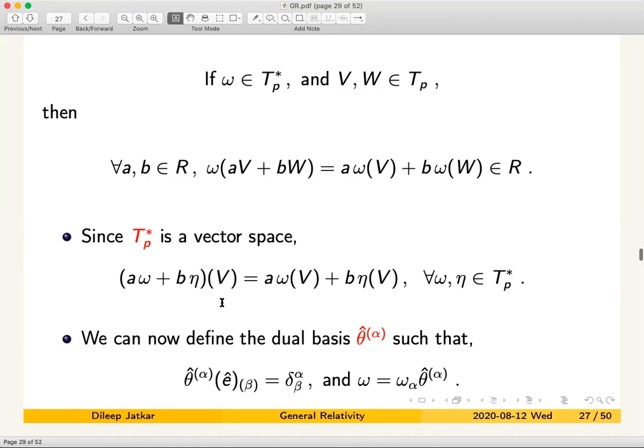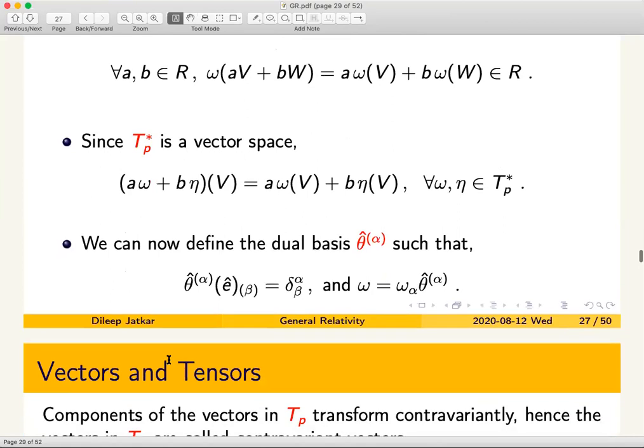So we have a new basis defined for T star P, which is theta hat, with the property that theta hat acting on E hat gives you a number. If you choose a correct basis, then you can diagonalize this and say theta hat alpha acting on E hat beta is just delta alpha beta.